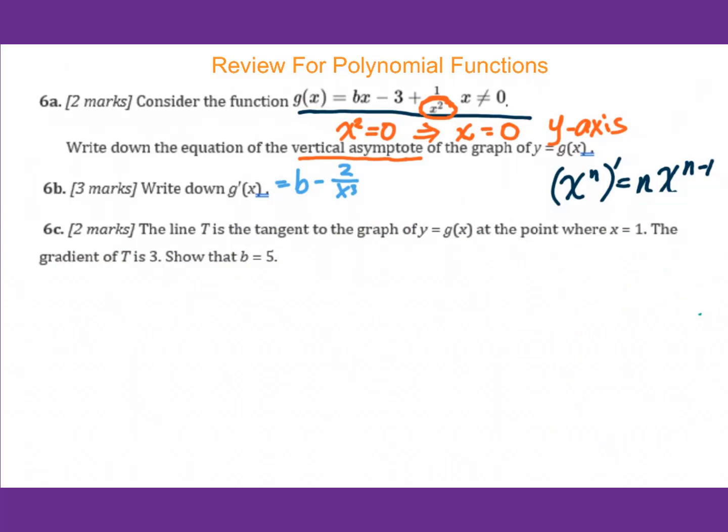For 6c, the line t is the tangent to the graph of y equals g of x at the point where x equals 1. The gradient of t is 3, show that b equals 5. Let's talk about the derivative of f of x. The meaning for that is the slope of a tangent line.